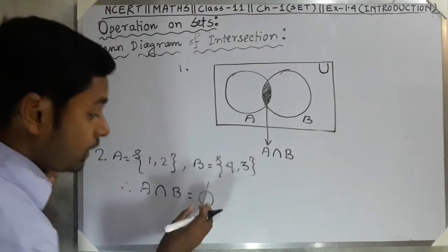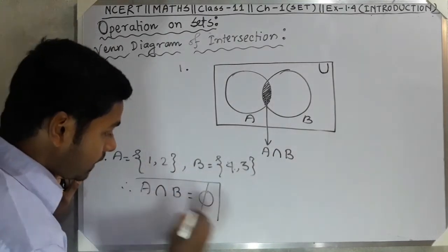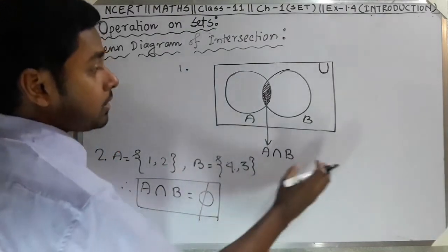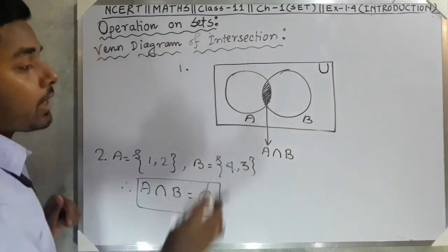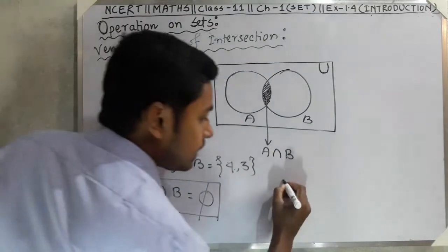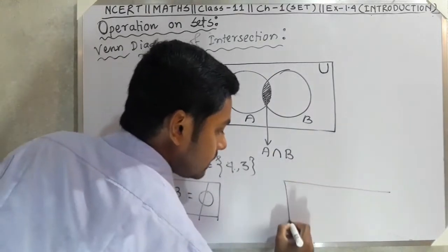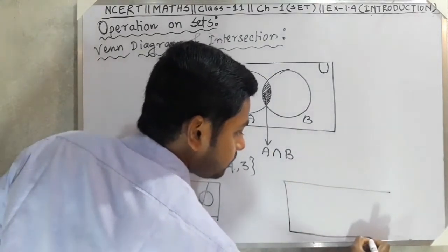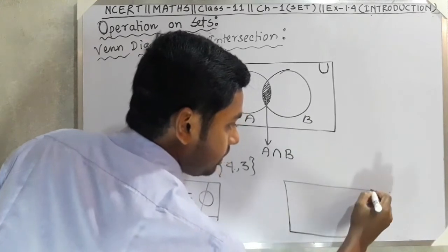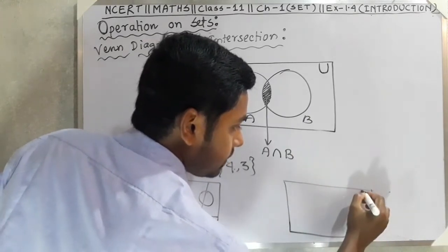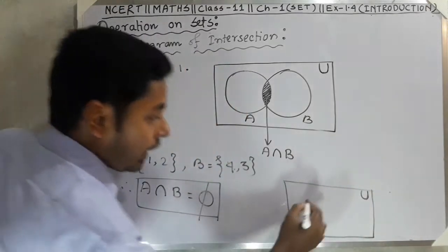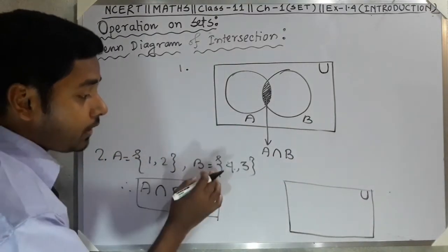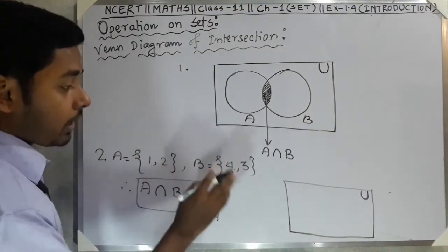Okay. Now this thing, suppose we have to represent it through a diagram. So how to represent? Suppose this is our universal set. And A and B, these are not having common points.